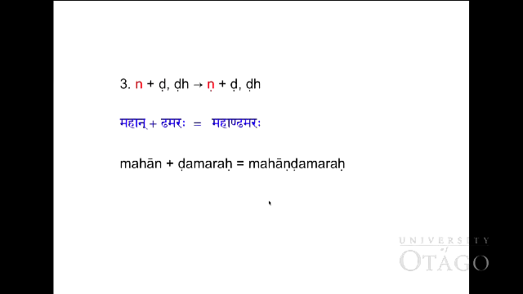Number 3, the third one: n plus ḍ or ḍh, so change n to ṇ. For example, mahān dharmarāja, and it will be mahāṇ dharmarāja, like this.